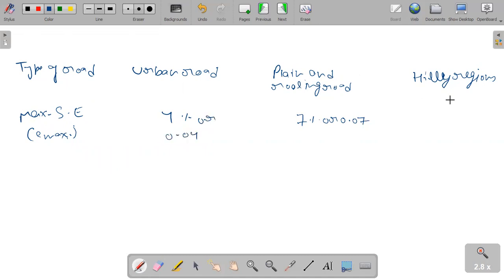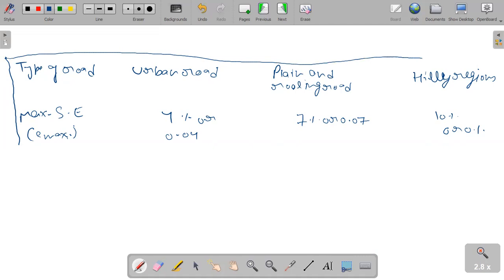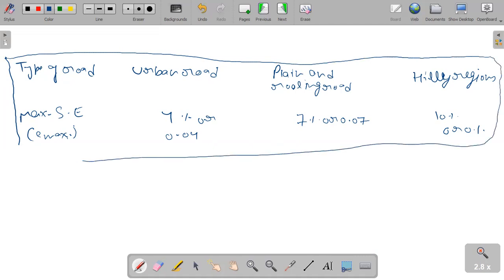And if you have a road in hilly regions, then you get maximum super elevation of 10%, or 0.1. So remember this table, it will help you in solving numericals.